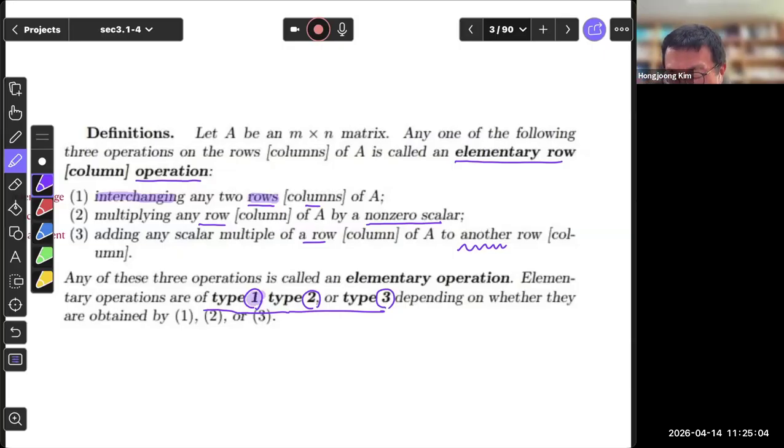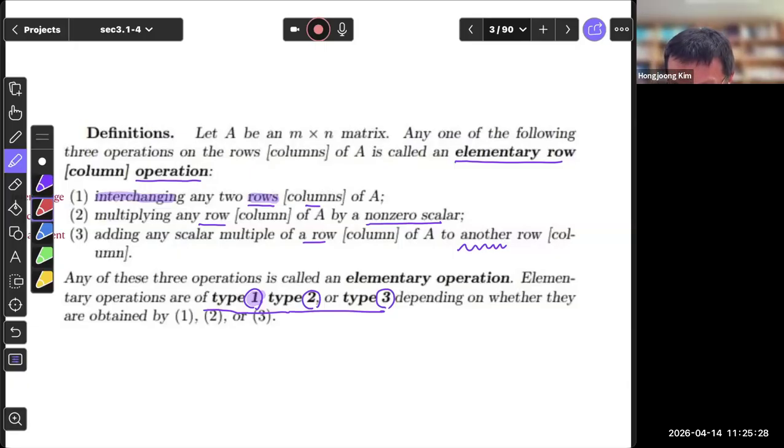And what happens if I re-exchange those two rows? For example, given a matrix, if I interchange the first row and the third row, then the third row becomes the first and the first row becomes the third. Now, if I re-exchange these two, then you go back to the original status, right?